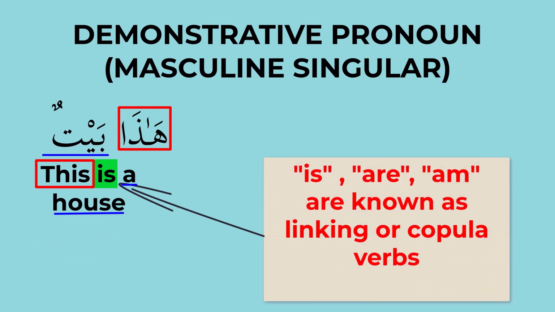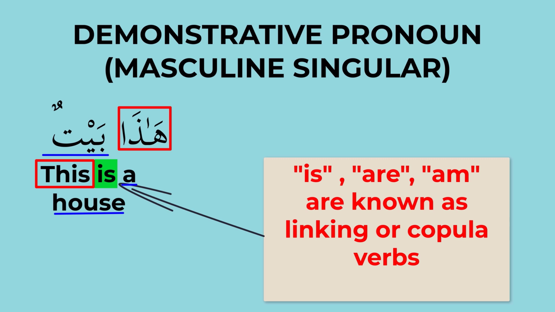Is, are, and am, these are linking verbs. In English, we call it copula. Copula verbs. Brothers and sisters? They link one noun with another noun.